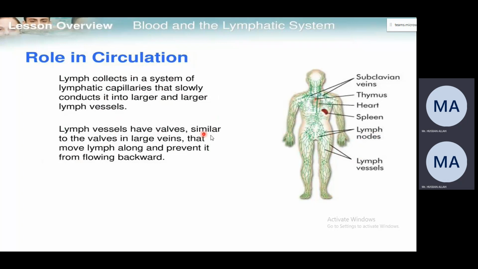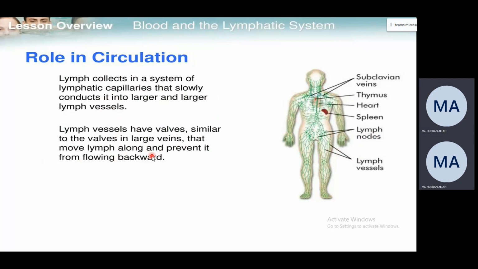Lymph vessels have valves similar to the valves in the large veins, right? So if you look at the lymph vessels, all of them contain valves, the same as the ones we have in the circulatory system, like in the veins, that move lymph along and prevent it from flowing back. So the function of valves, if you remember in the veins, right?